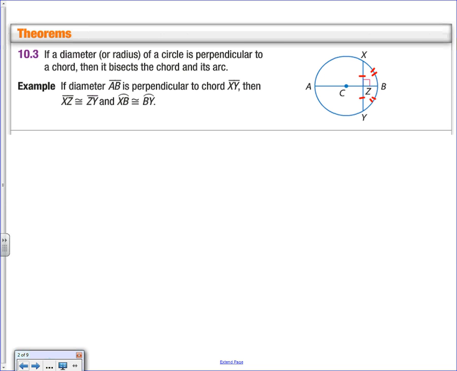I suppose, simply put, just to give a brief proof for it, because it's not too difficult, we can get this set up very quickly. If we had those 2 radii drawn in, and we know that this is perpendicular, then those 2 parts have to be congruent because they are radii and radii in the same circle are congruent.